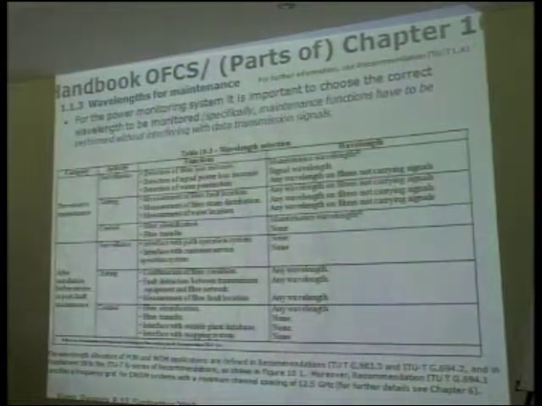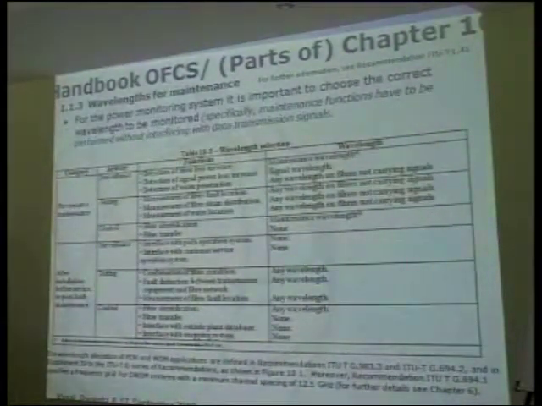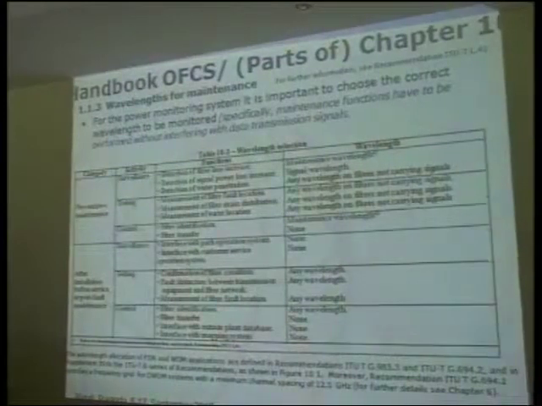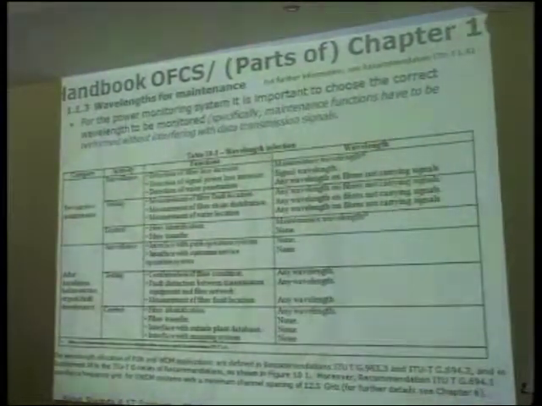Let's take a look at what's more important in this point of the presentation.